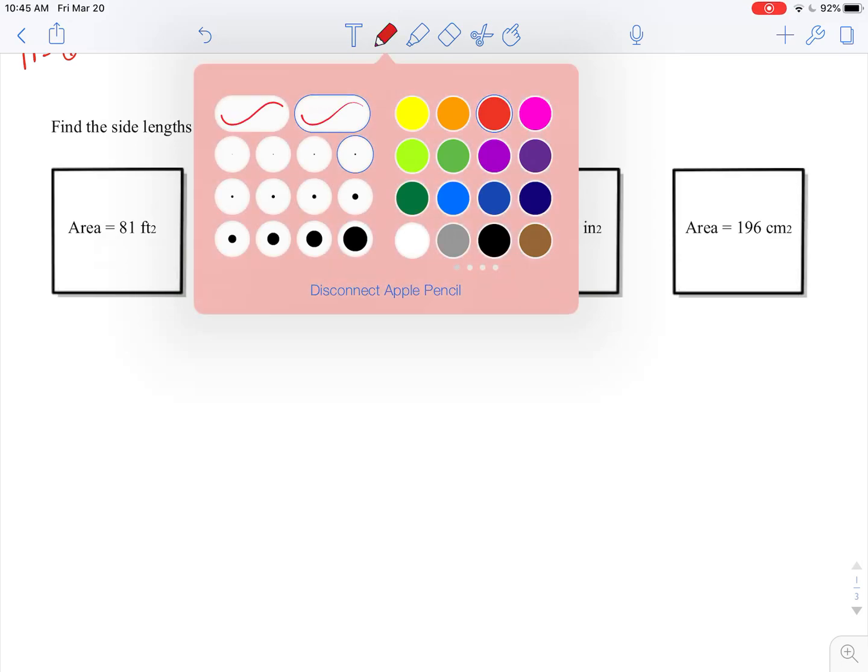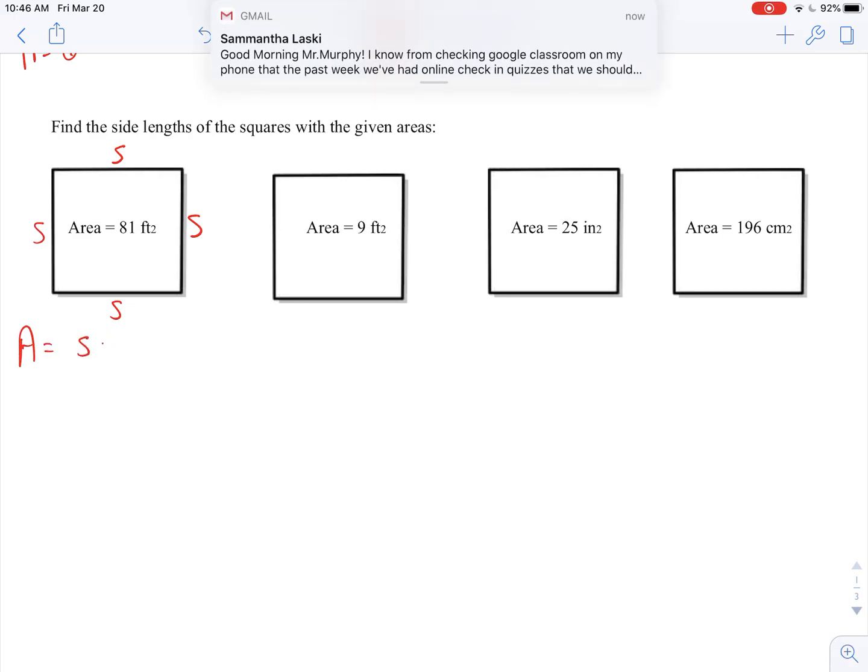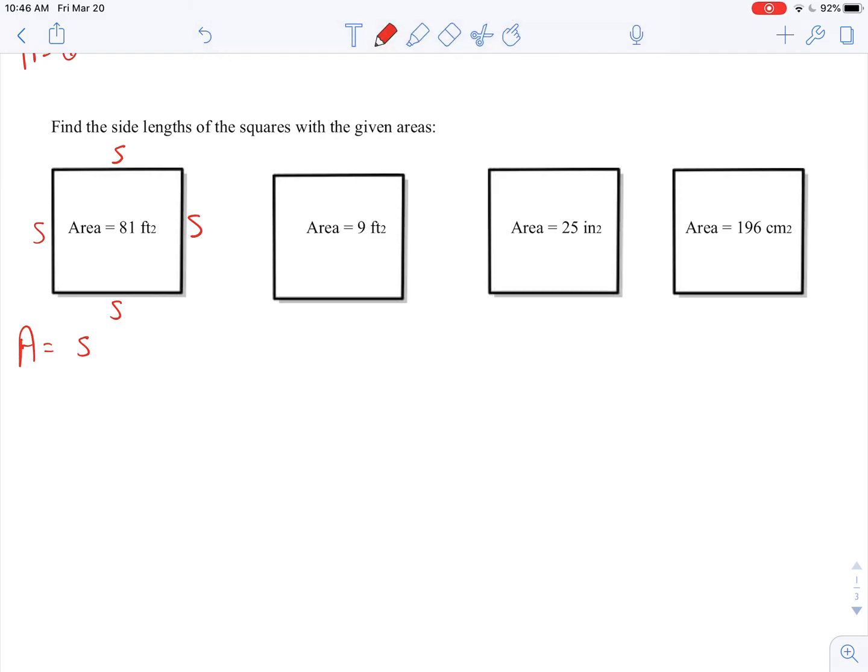But now if I'm given the area, now I want to find the side length. So we knew that the area, and if this is a square, all these sides have got to be the same. The area was the side times itself, or side squared.